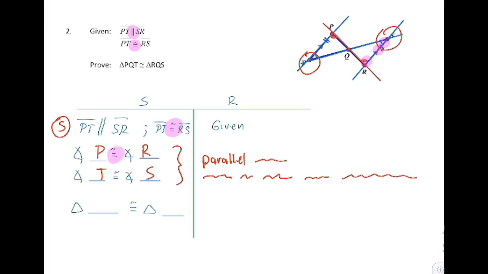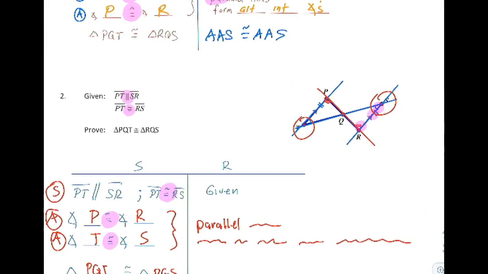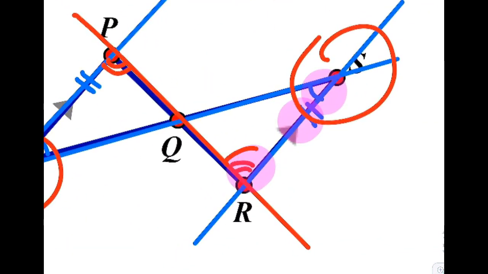And there are my two other congruences right there. Angle, angle, which means triangle PQT and triangle RQS are congruent because of angle, side, angle.